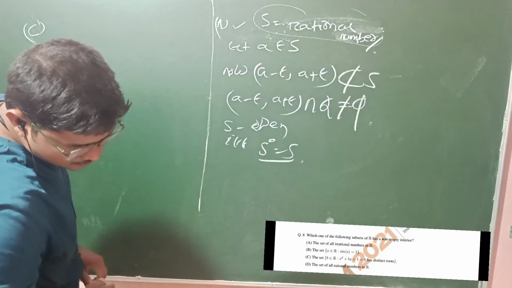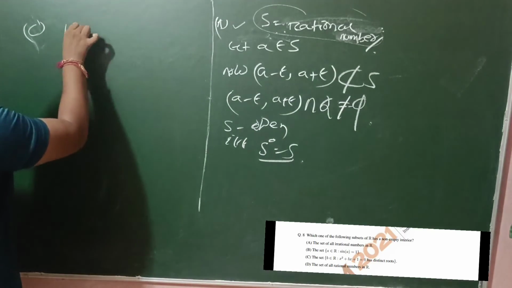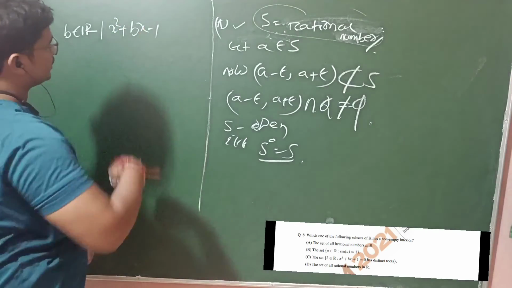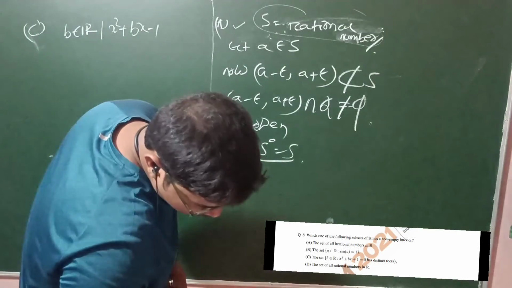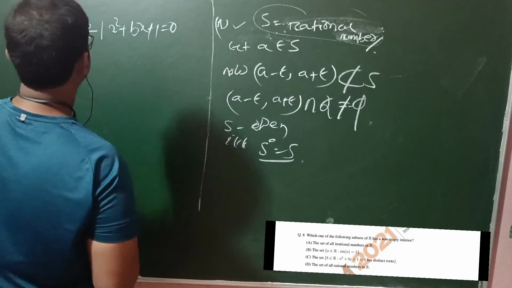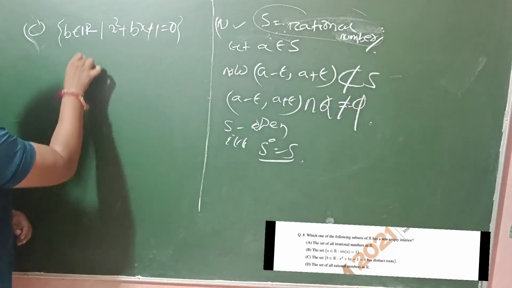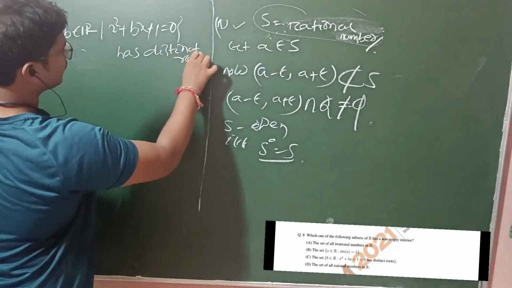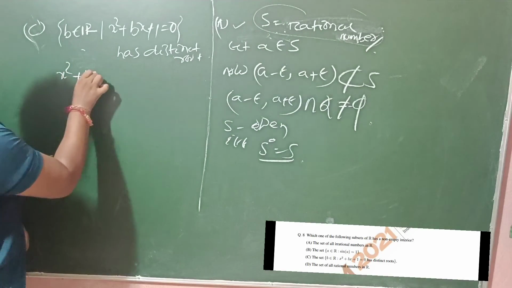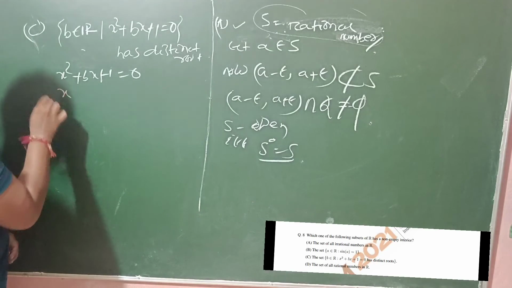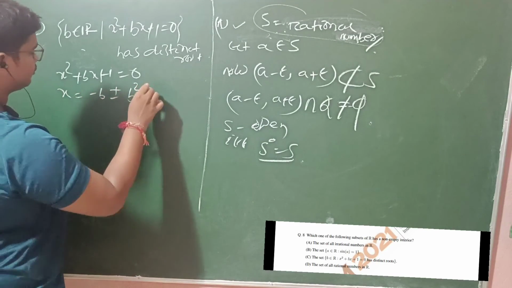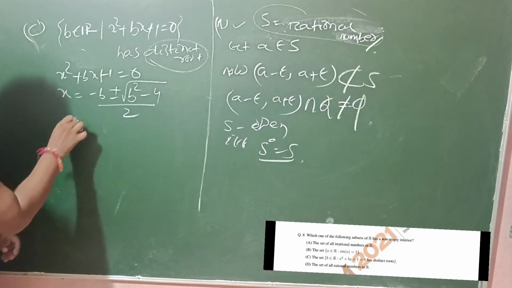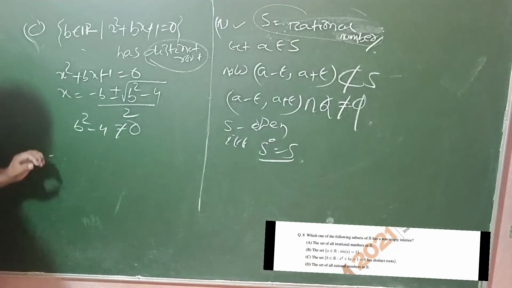Now option C. Given the set of b belongs to R such that x square plus bx plus 1 equal to 0 has distinct roots. Now x equal to minus b plus or minus root of b square minus 4, divided by 2. For distinct roots, b square minus 4 is not equal to 0.